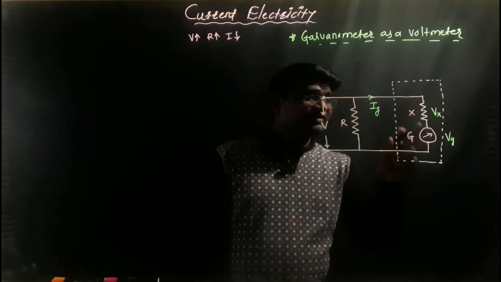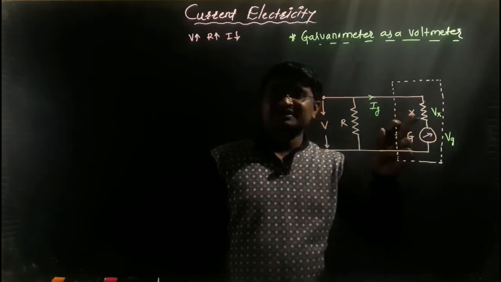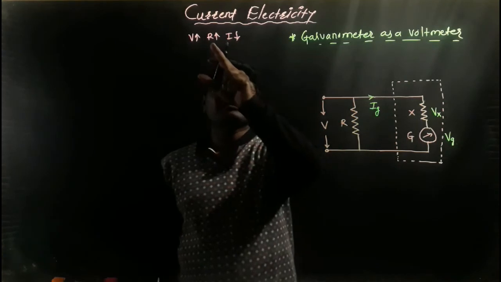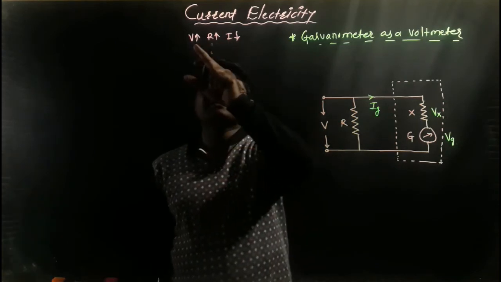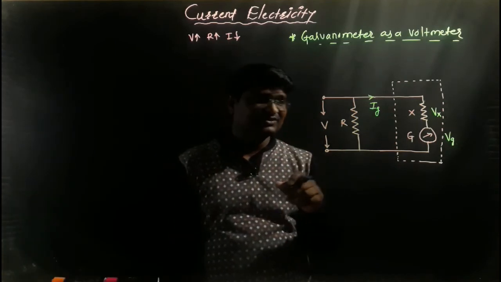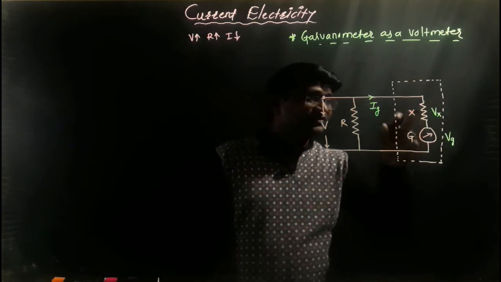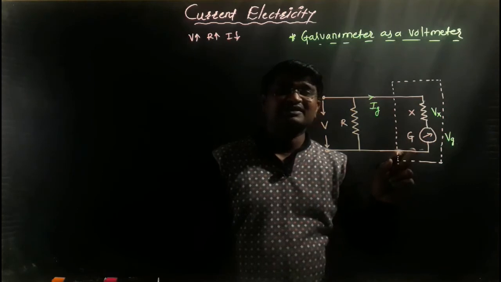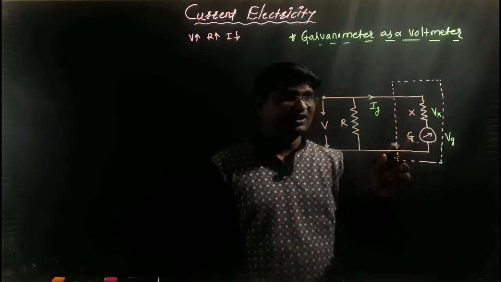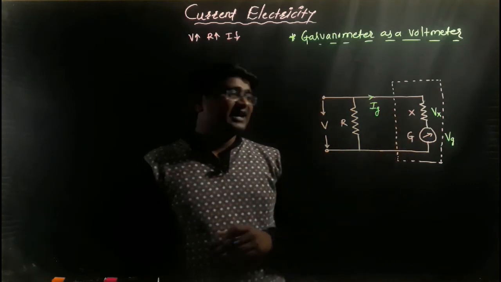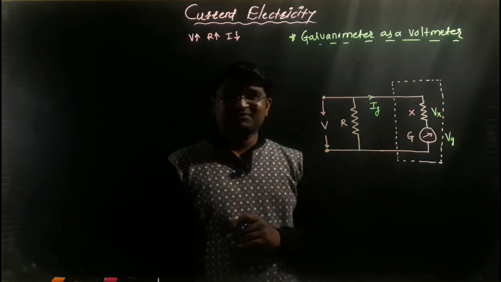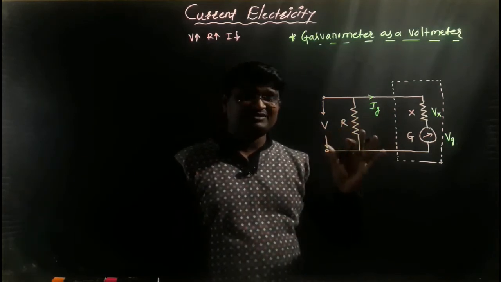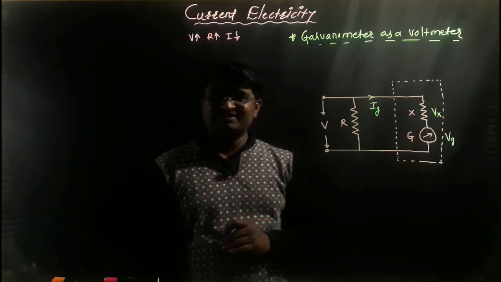When any resistance is connected in series, the resistance will decrease, and when the resistance decreases, the potential also decreases. It means that when this high value of resistance is connected in series with the galvanometer, it protects the coil of the moving coil galvanometer from damage, and it easily works as a voltmeter. The maximum potential difference we measure with the help of the voltmeter.